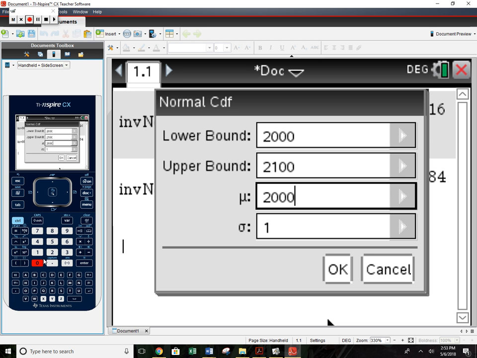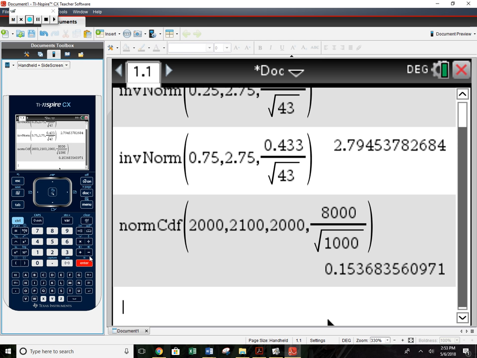And okay, for sigma we are going to use 8,000 divided by the square root of 1,000. So that is going to return, that's like a 15% chance.